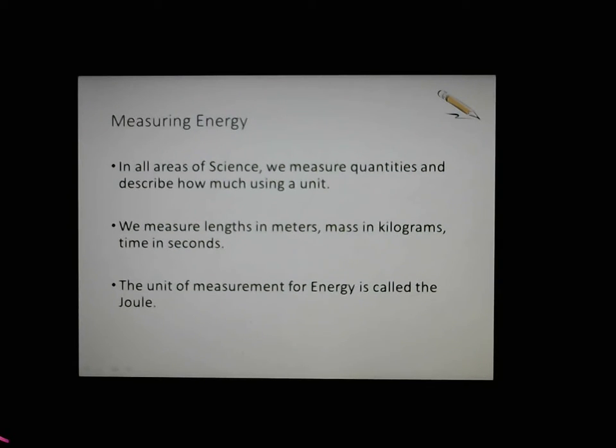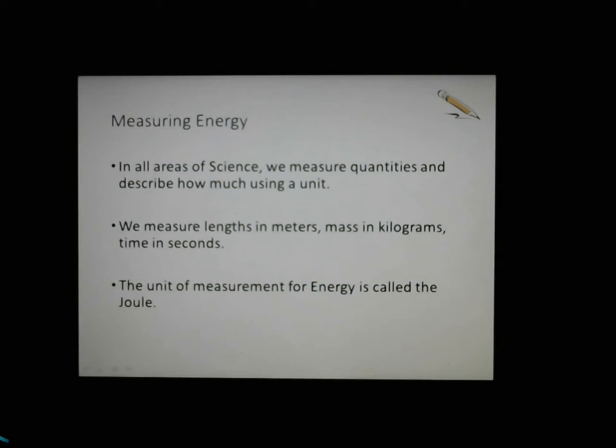Again, that's the unit. If you're asked how much you weigh, you often give a mass in kilograms. If you're asked how long something took: seconds, minutes, hours, months, years, days. We have lots of different units for time, but there are standard units for science. In science, meters is our standard, kilograms is our standard, and time is measured in seconds as our standard.